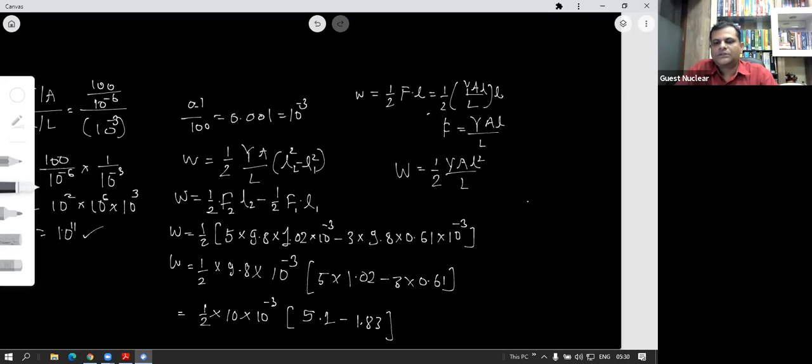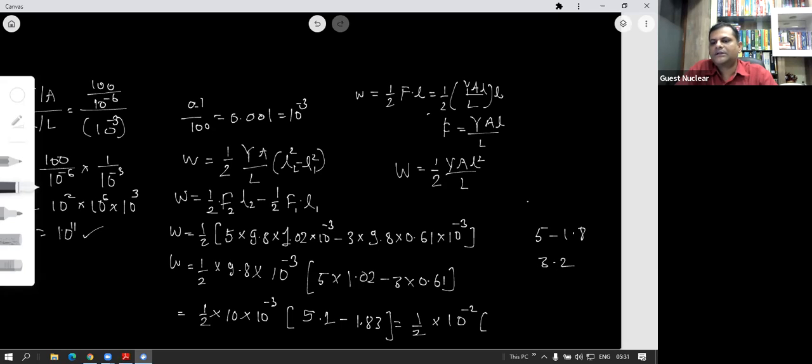Okay, so in short we have to subtract 1.8 from 5, right? So what we are left with is, so it will be half into, अभी 10 raised to minus 3 into 10 कितना बनता है, 10 raised to minus 2 बन रहा है, करेक्ट है? और यहाँ पे 5.1 minus 1.83 कितना होता है अप्रोक्सीमेटली, देखो 5 में से अगर 1.8 सब्ट्रैक्ट करते हो तो हमको कितना मिलेगा, 3.2 मिलेगा.